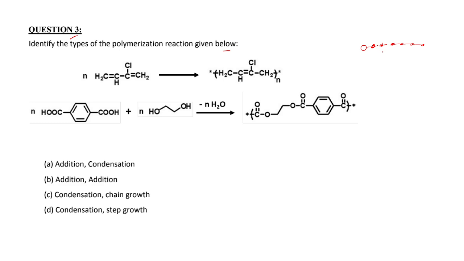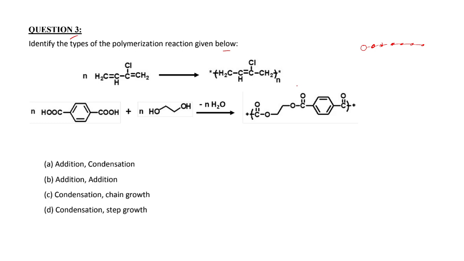So this is called addition polymerization. And second is step polymerization or condensation polymerization, these are the common names. In step or condensation polymerization, the molecule will be condensed, means some small byproduct will be formed, like H2O, HCl, HNO3, NaCl.